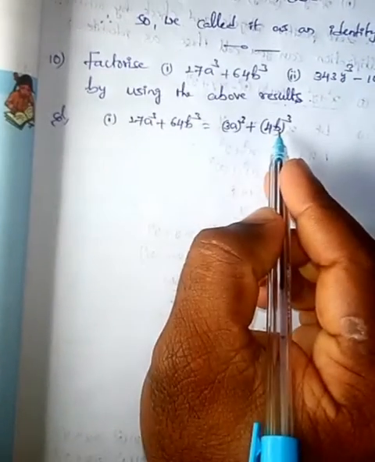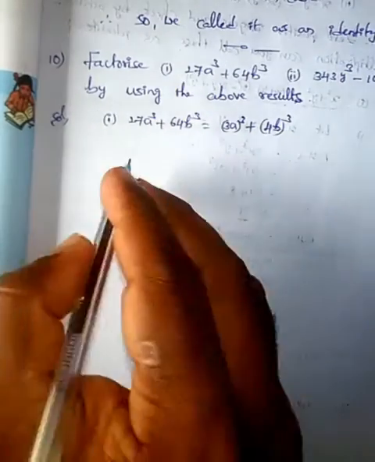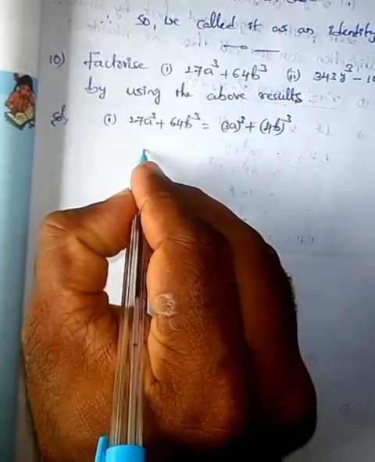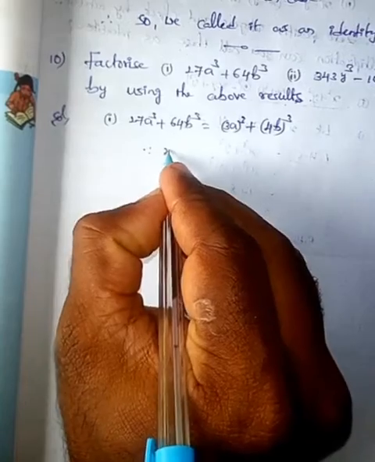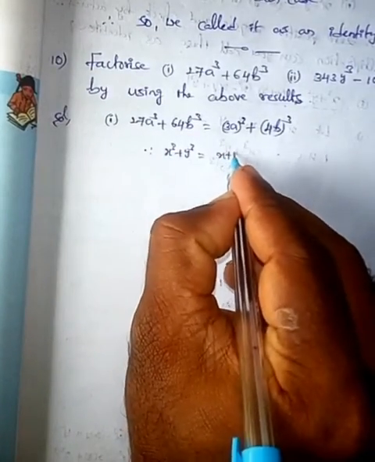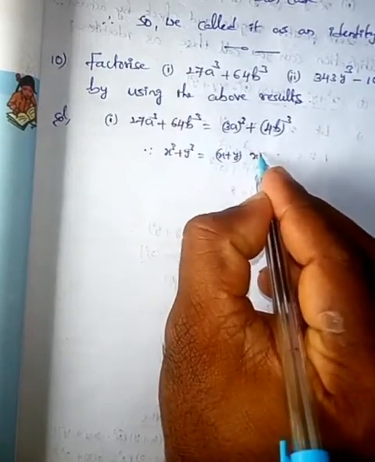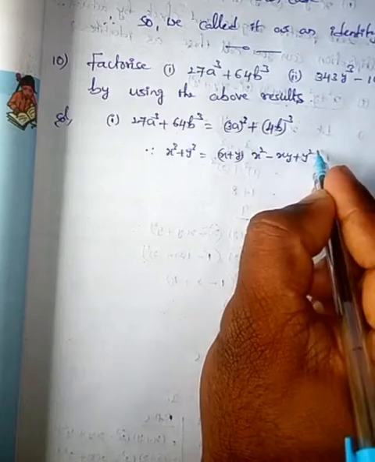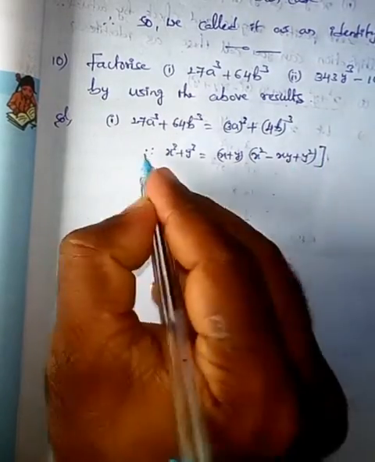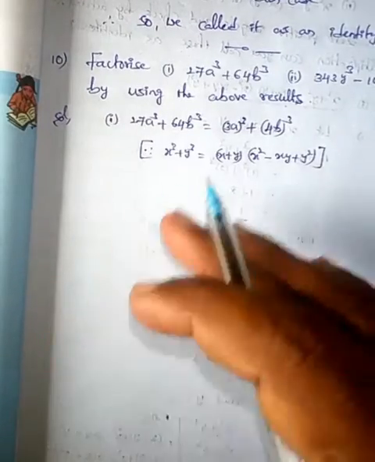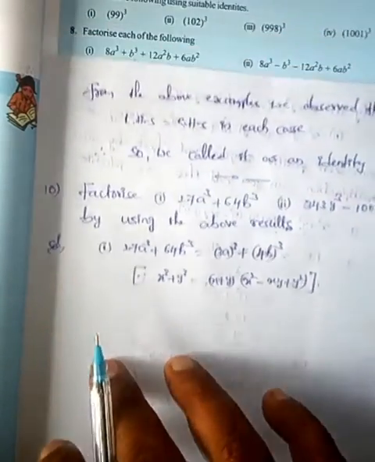Now this is in the form of a cube plus b cube. So what is the formula of a cube plus b cube, or x cube plus y cube? x cube plus y cube is equal to x plus y into x square minus xy plus y square. Already you did a problem in this exercise just before.